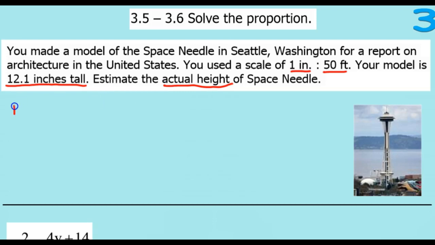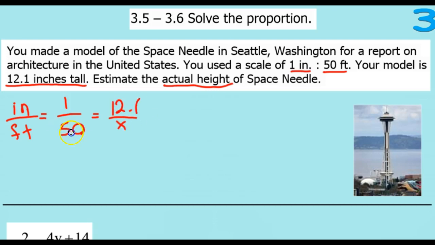So if I have inches on top of my ratio and feet on the bottom, I have 1 inch equals 50 feet. And what I'm trying to find out is what is the actual height. So I know that this is x, and I do have 12.1 inches, so I put that on top.